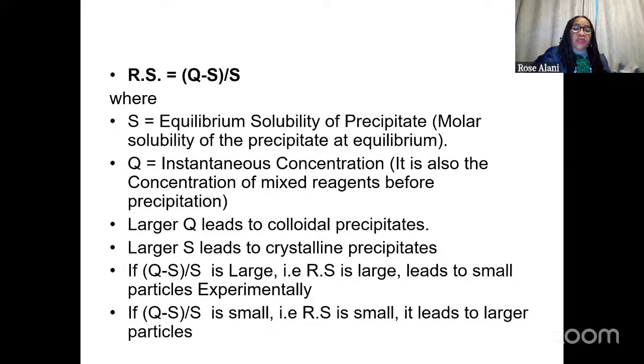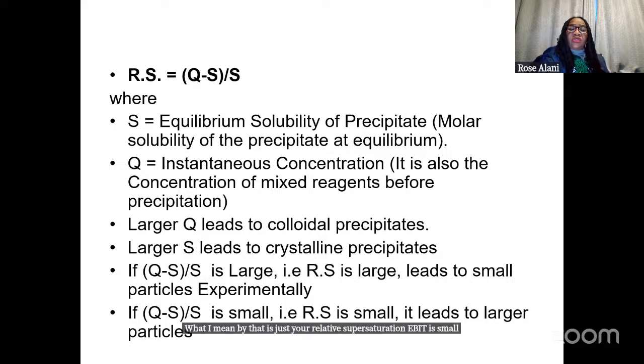So if Q minus S divided by S is large, that is, your relative supersaturation is large, it leads to small particles, that is leading to colloidal precipitation. If it is small, it leads to larger particles. So that will be more of crystalline, good particles for gravimetry.